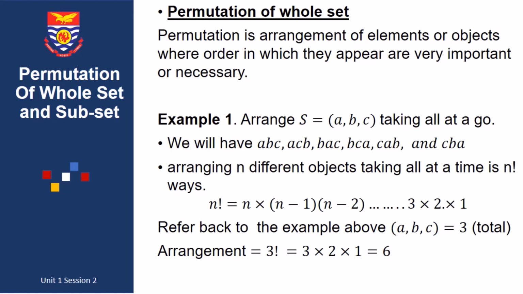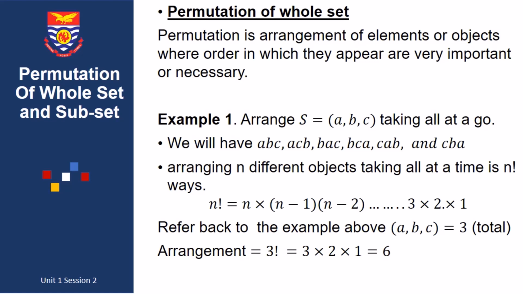Now, referring back to the example above, we have the set A, B, C to arrange. Now the question is, what is the total number of elements in that set? It's 3. So in how many ways can we arrange this?